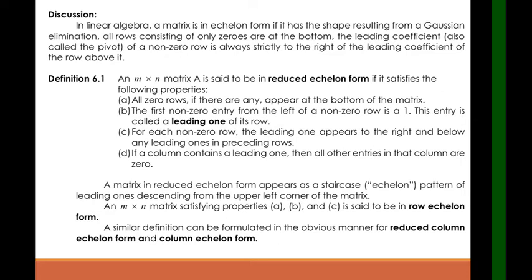Okay? Now, a matrix in reduced echelon form appears as a staircase. Para siyang diagonal na linya. Parang ganon. Para siyang stair. Kaya echelon, pattern of leading ones descending from the left corner of the matrix.